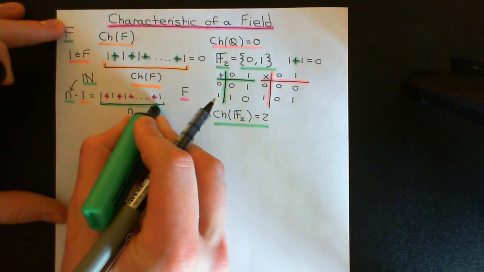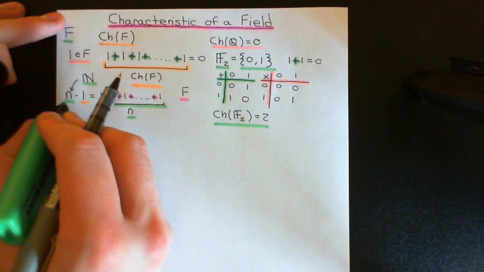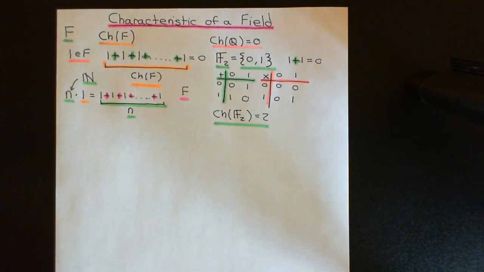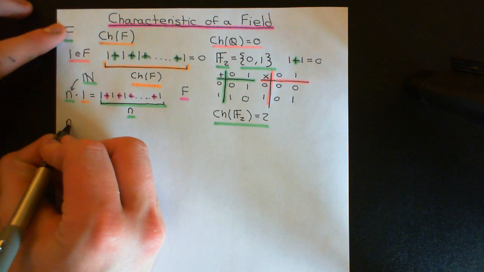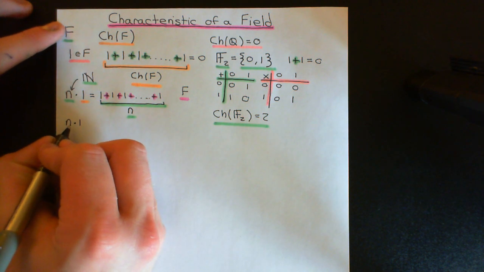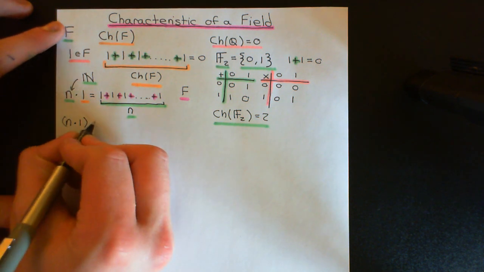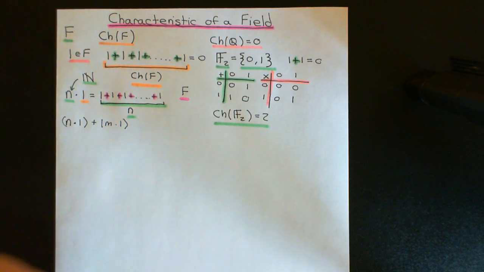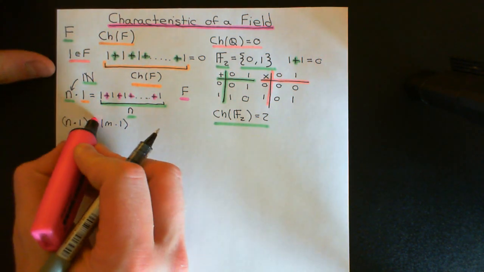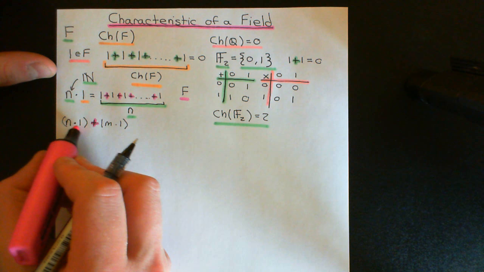Okay, right, so there's a little bit of notation, and this has some nice consequences. There are two nice properties that this notation has. The first is that if we consider what is n dot 1, plus in the field m dot 1, and let me just colour this in here. So this is addition in the field, so we're taking an element of the field.